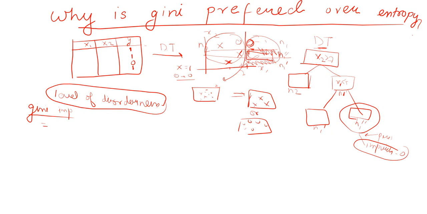That is, after a particular split, it has this type of data points, then what is the level of disorderness. Gini impurity uses the formula 1 minus summation of pi square over all the possible classes. What is pi? The probability of a data point to lie in a particular class i.